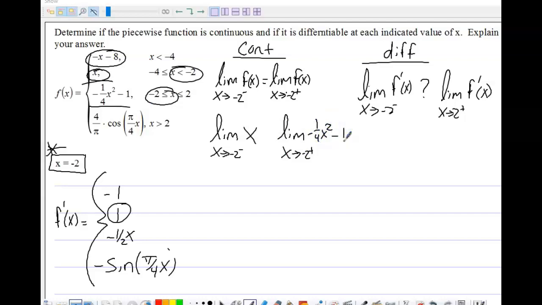Okay, and we want to know, are these actually equal? So direct substitution here gives me -2, and direct substitution here: negative 2 squared is 4, and 4 times negative 1/4 is negative 1, and negative 1 take away 1 is negative 2. So, once again, it is continuous.